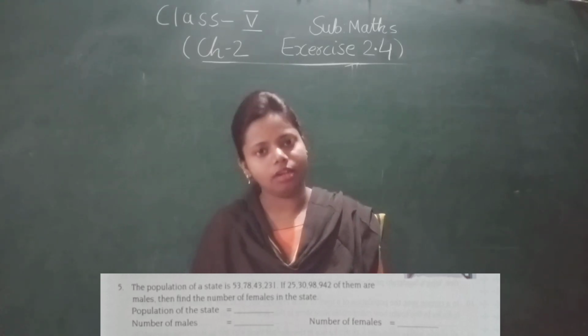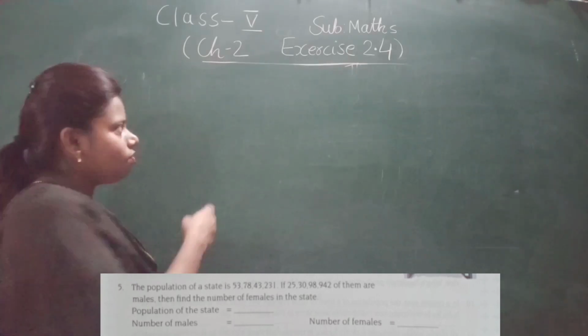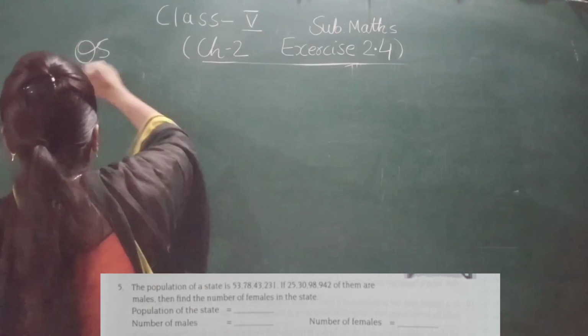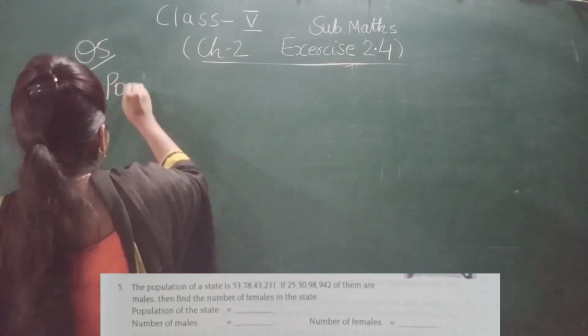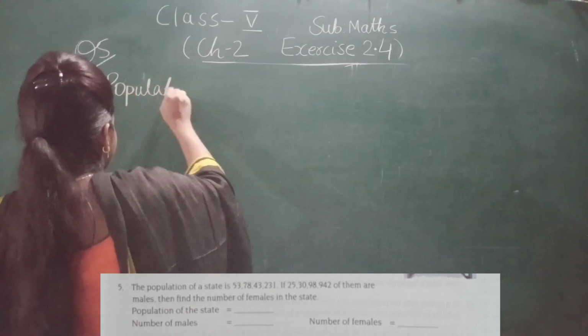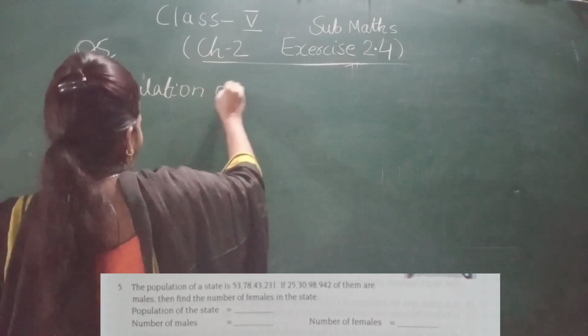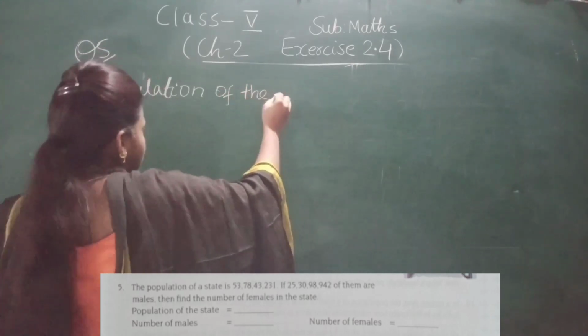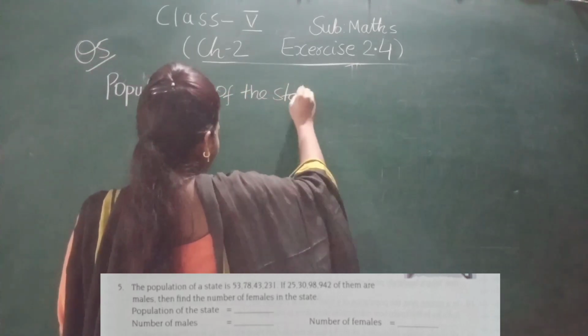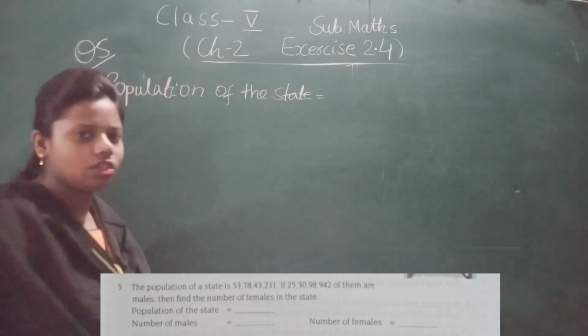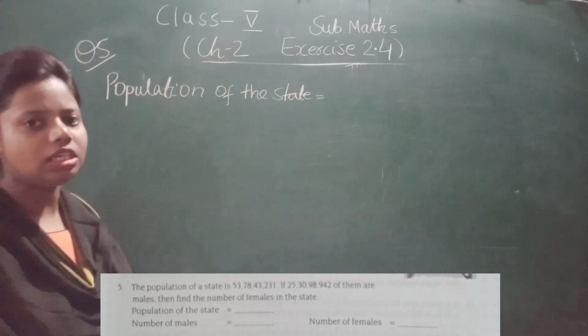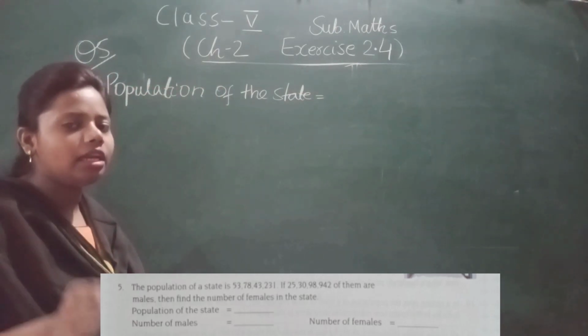Now let's start question number 5. Population of the state is how much? It is given up to the 10 crores place.